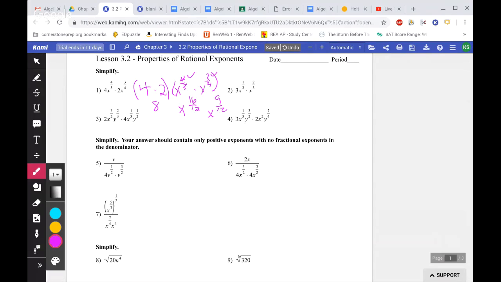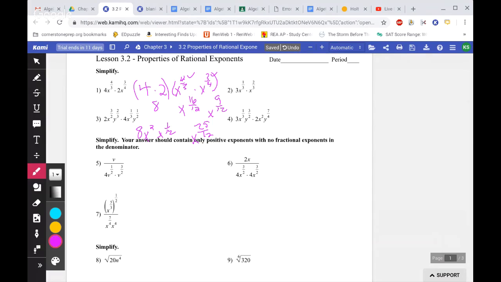Now that our denominator is common, we just add our numerators. So 16 plus 9 is 25 over 12. That can be reduced, but you probably want to leave it as an improper fraction, because otherwise you've got x squared and then x to the 1/12.